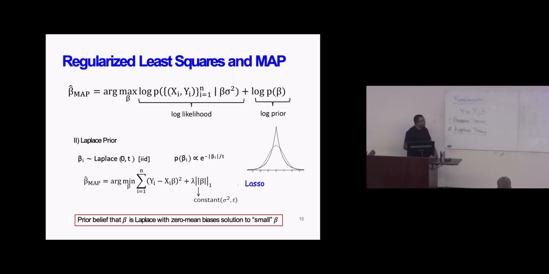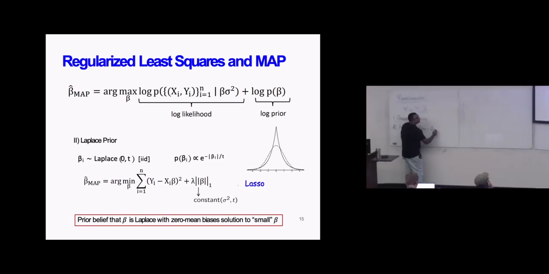So the Laplace prior is defined like this. So your beta follows a Laplace distribution 0 and t. And the Laplace formula is defined as, the whole formula is not here, but I can write from here.